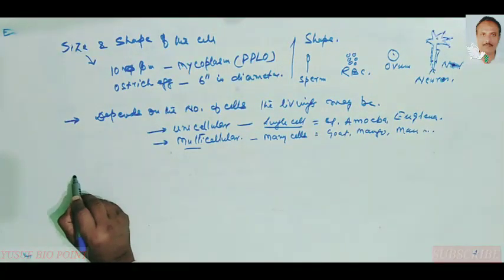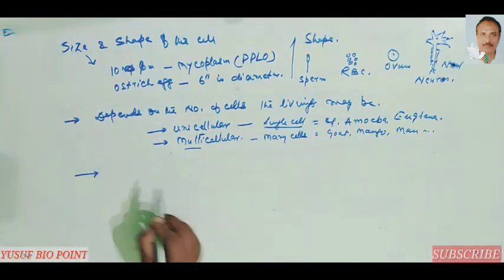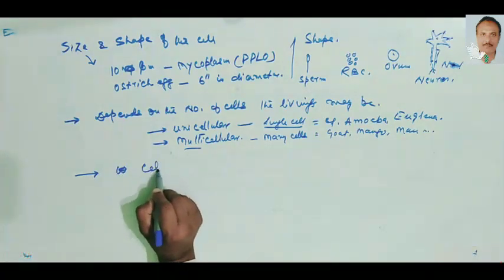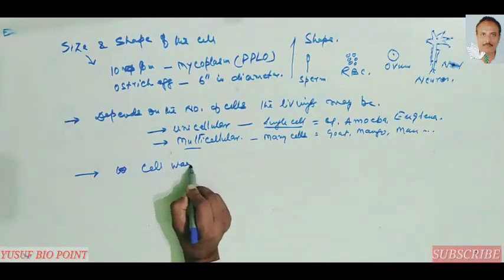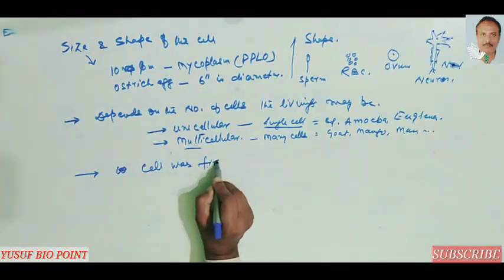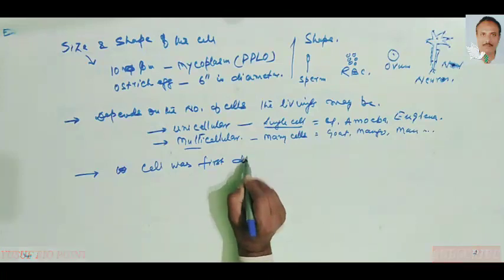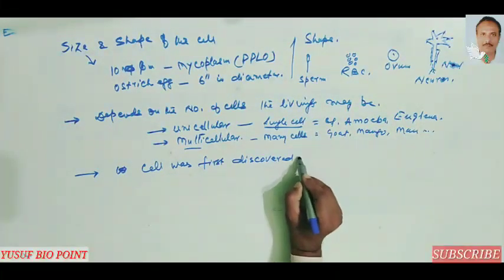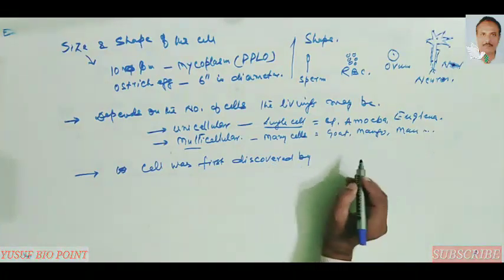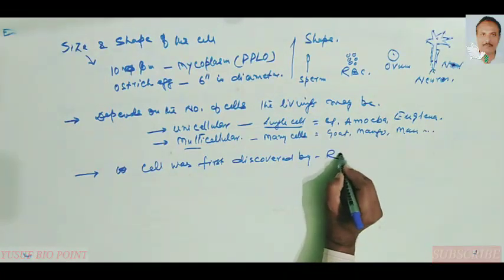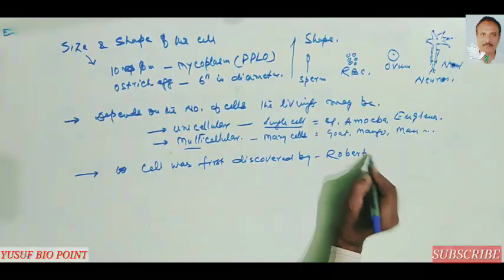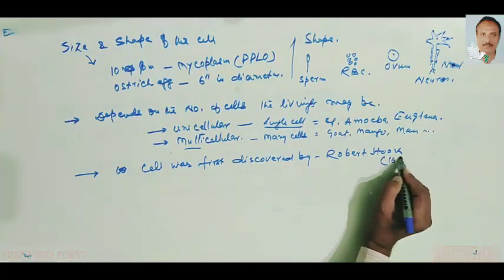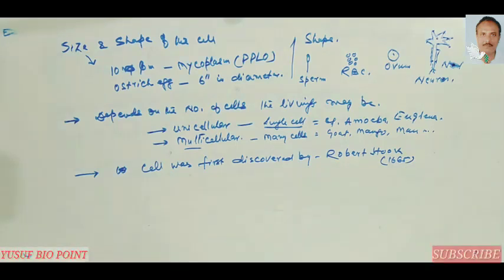Now, the cell was first discovered by Robert Hooke in 1665.